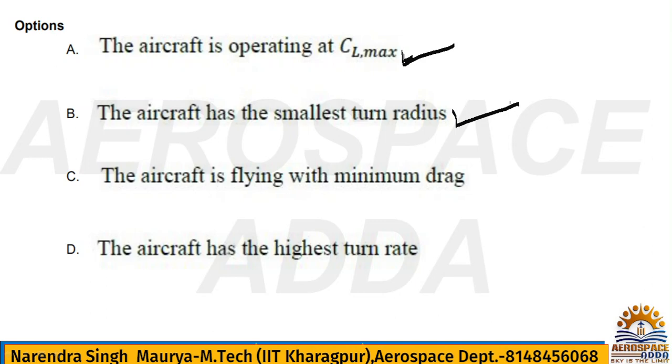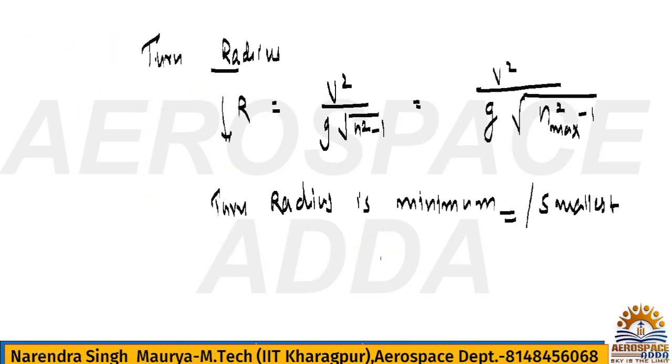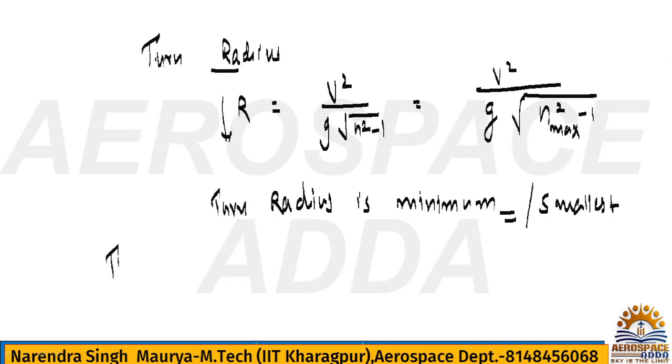Aircraft is flying with minimum drag. So we'll hold this option C. We'll go for option D. The aircraft has the highest turn rate, because here also we have a turning flight. So first we'll write the turn rate formula. What is the turn rate formula? That is omega, if you remember. At point Q, what is the load factor? It is maximum.